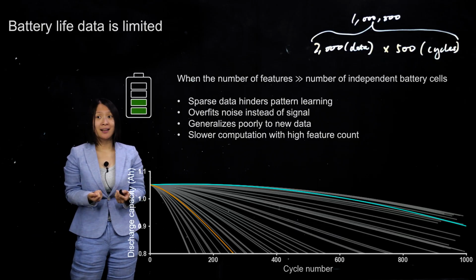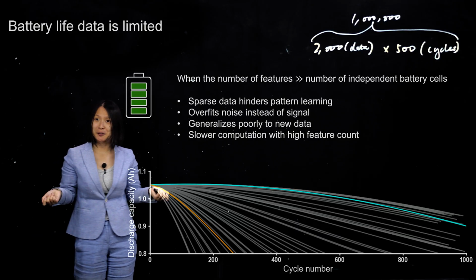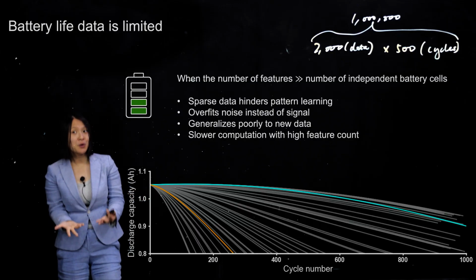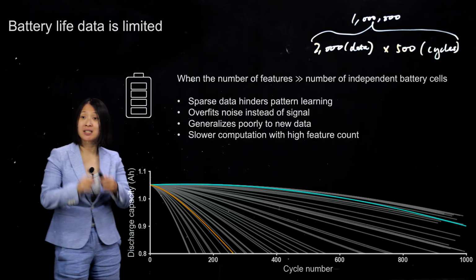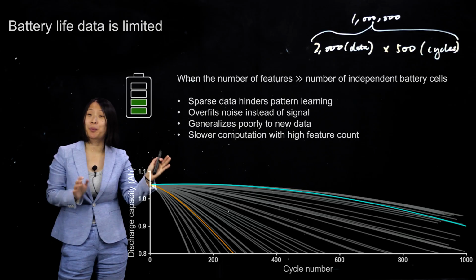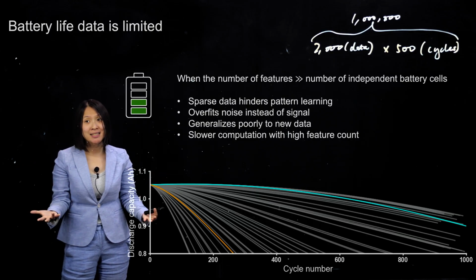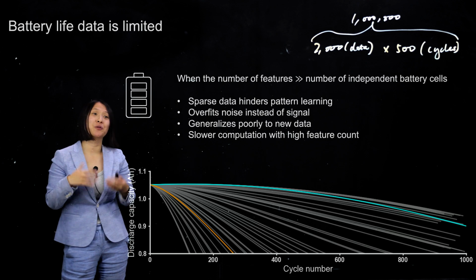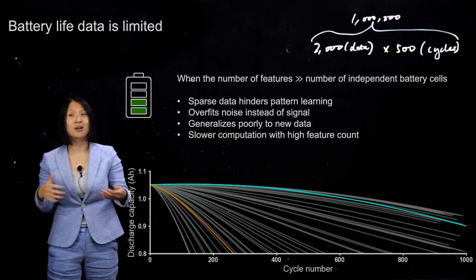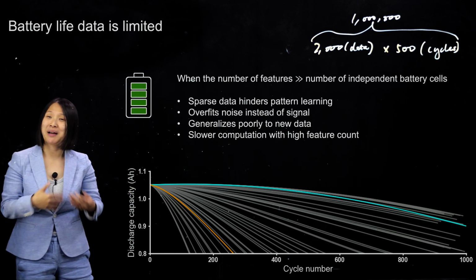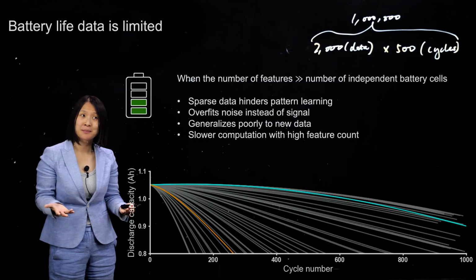This can make learning the patterns harder. We also encounter challenges such as overfitting and poor generalization of our models. In addition, a lot of features also means slower computation, so we may have a challenge in managing our computational resources.